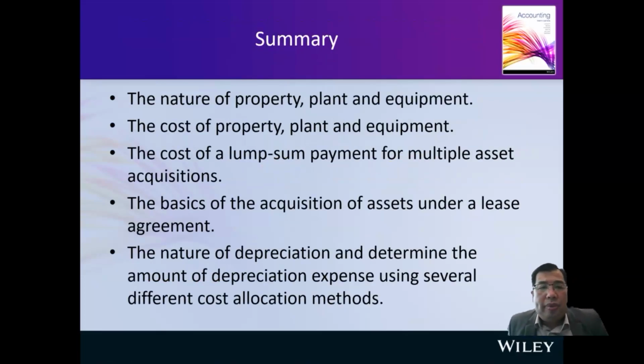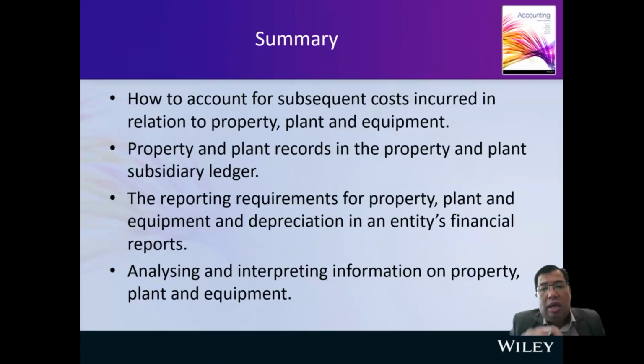So in short, we have discussed the nature of PPE, the cost of PPE, how to deal with the lump sum payment of multiple assets, and the basis for acquisition of assets under lease. We spent a lot of time on depreciation, how to determine depreciation, and the four types of depreciation: straight line method, reducing balance method, sum of digits, as well as based on usage.